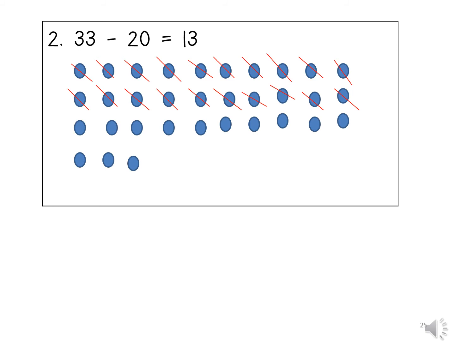Now we will have to see what is left. 1, 2, 3, up to 13. So 13 circles was not scratched out. So this means 13 was left. So my answer will be 13.